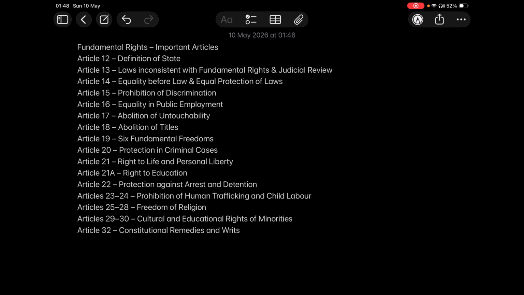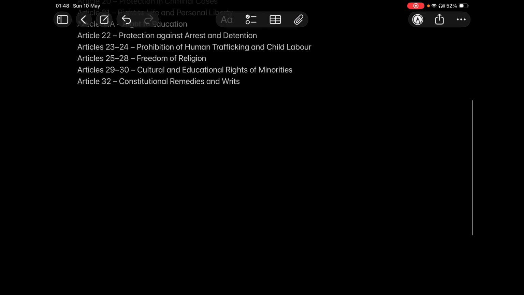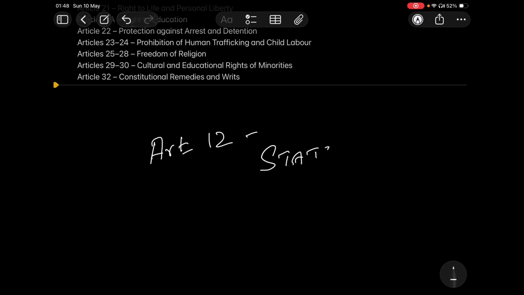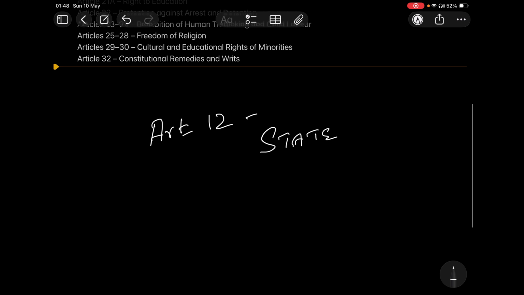So let us start with the first one, Article 12, which is the definition of state. Here, Article 12 explains the meaning of the word state. In simple words, it tells us against whom fundamental rights can be enforced.